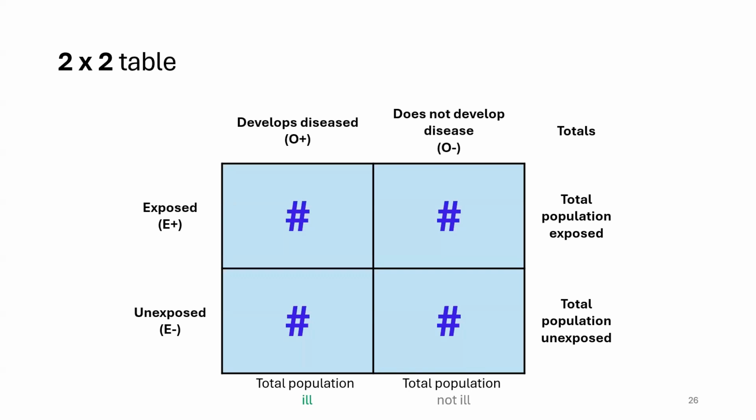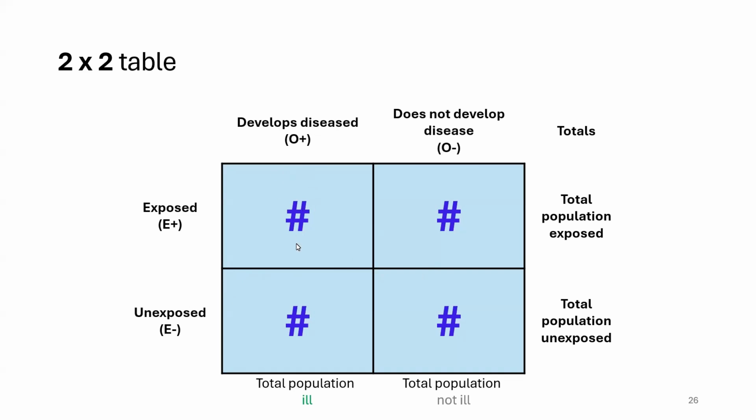Your 2 by 2 tables are typically formatted with your disease or outcomes at the top and your exposure statuses on the left-hand side. These are typically denoted by O plus, they have the outcome, or O minus, they don't have the outcome. Similarly, you have those who are exposed, E plus, and those who are unexposed.